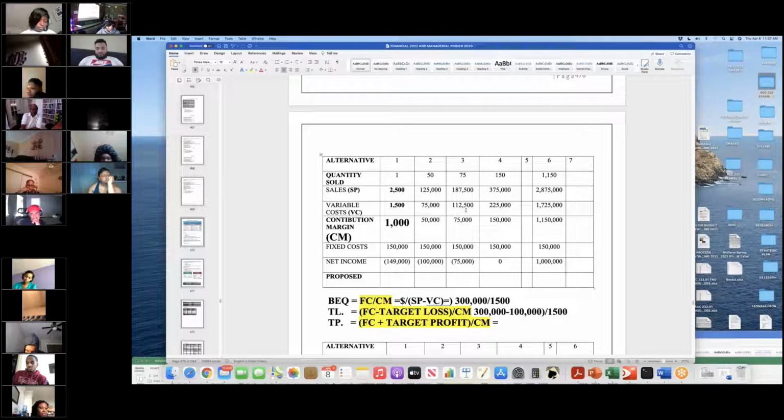When you're running a company, initially, companies lose money. You still have to operate that company and have the cash to run it. So the purpose of the target loss formula is to say, this is where we're going to be, and this is the loss.